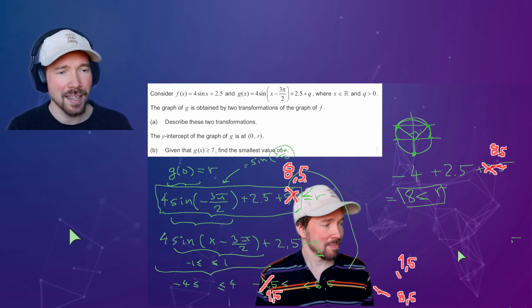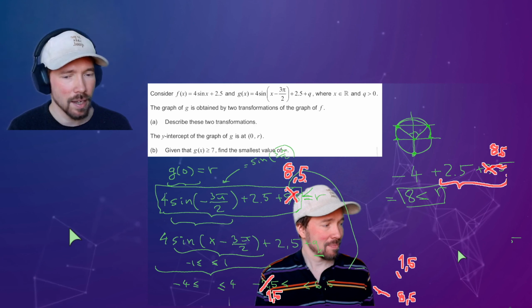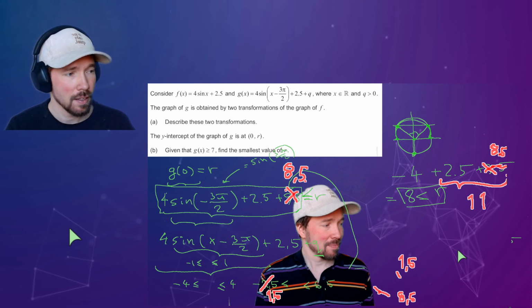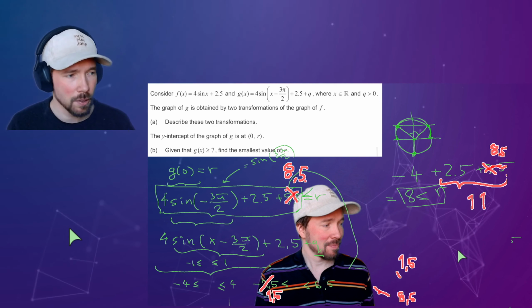So let's not make the same mistake. Let's not make this hastily. So let's do everything one step at a time. So 8.5 plus 2.5 is 11 because 8 plus 2 is 10 and half is one more, and then 11 minus 4 is 7.